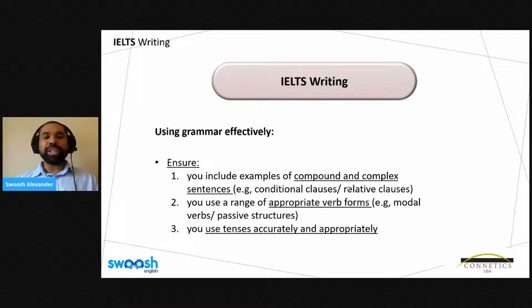These are words we use to link clauses together to create complex sentences. You should also use a range of appropriate verb forms. So this could involve modal verbs, may, might, could, would, or also passive structures, which are common in more formal writing. So it was built by, or it is believed, or it is often said. So these are all examples of passive structures.